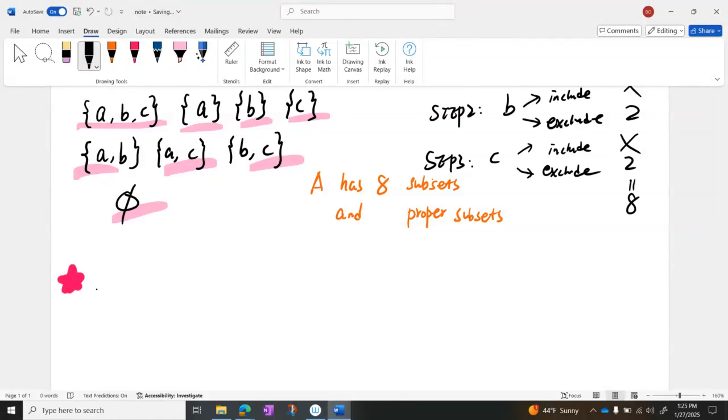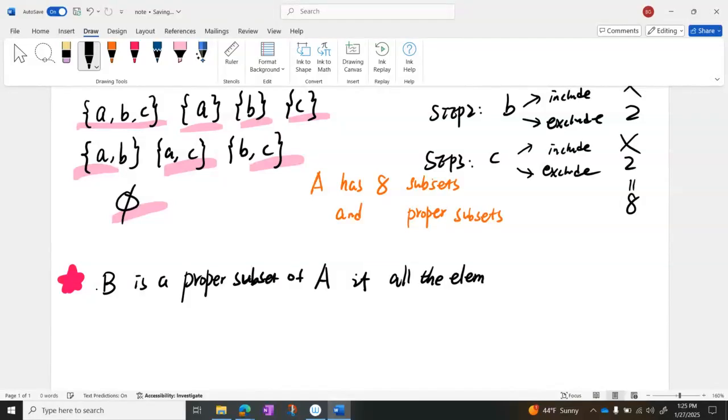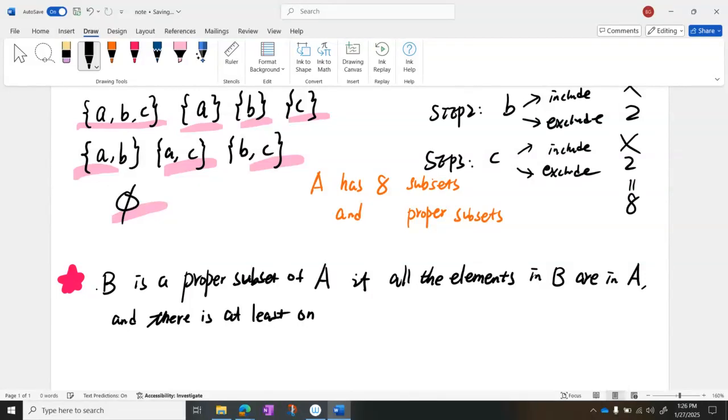B is a proper subset of A if all the elements in B are in A, and on top of that, there is at least one element in A that is not in B. This is the formal definition for proper subset.